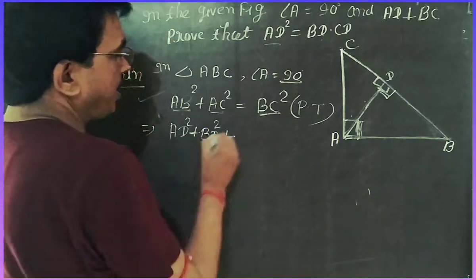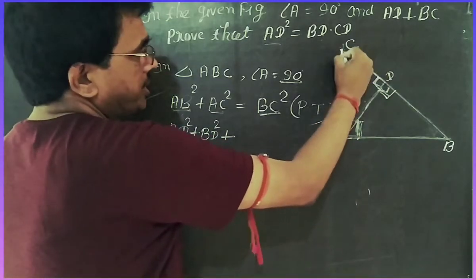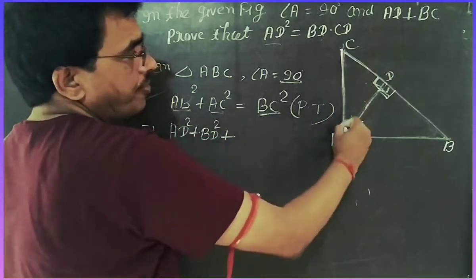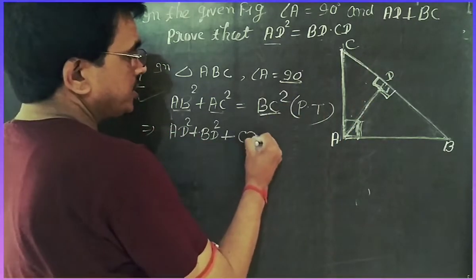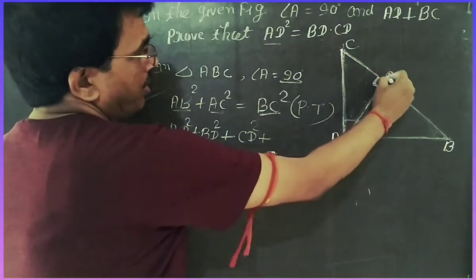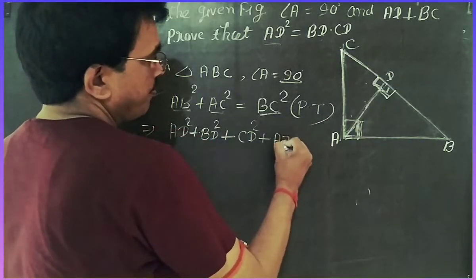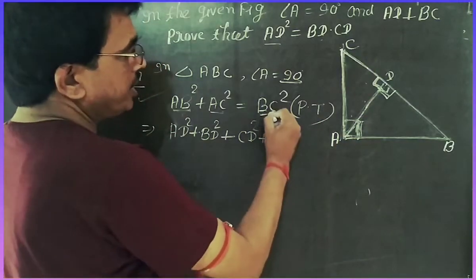And this AC is also the hypotenuse for this triangle. It is a right angle. So this is equal to CD square plus AD square because AC is the hypotenuse, and this is BC.